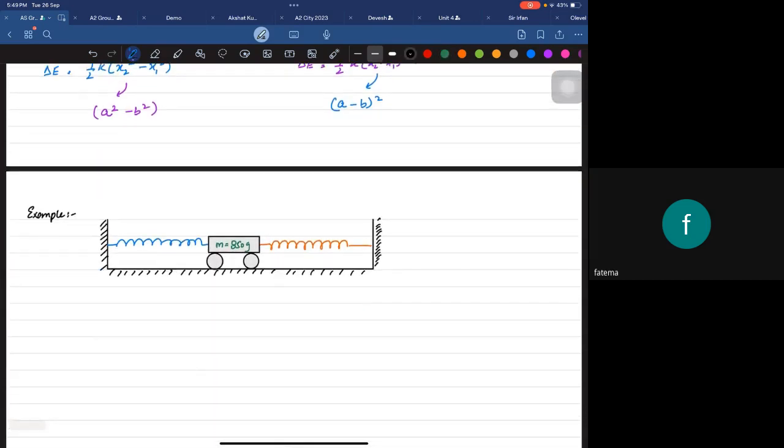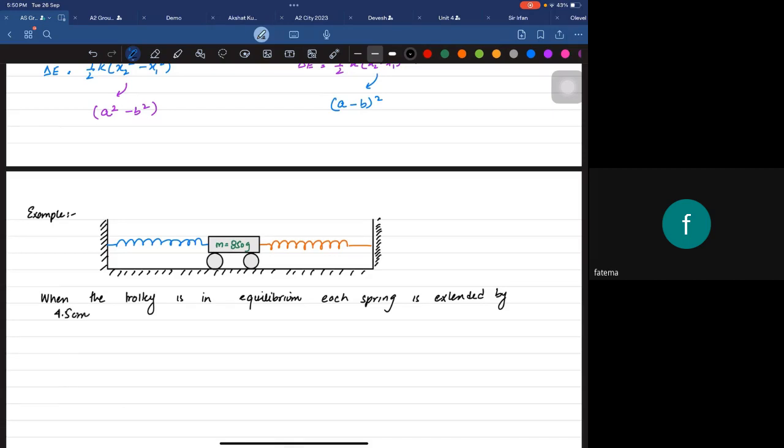They're saying that when the trolley is in equilibrium, each spring is extended by 4.5 centimeter.